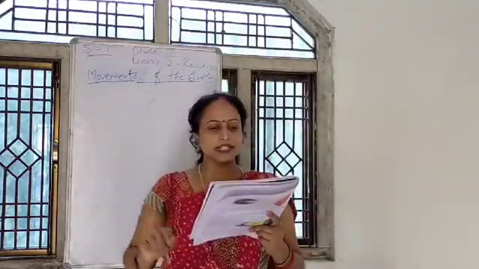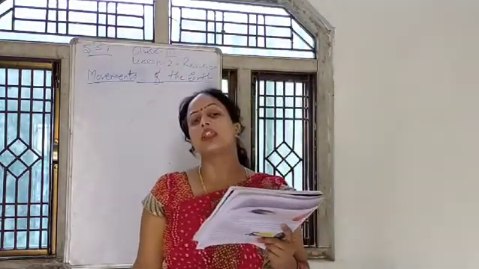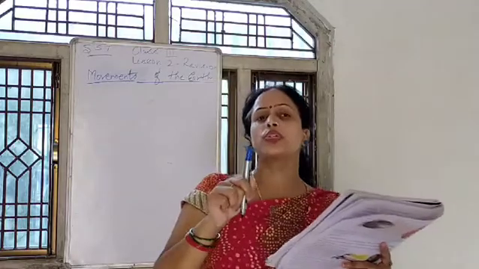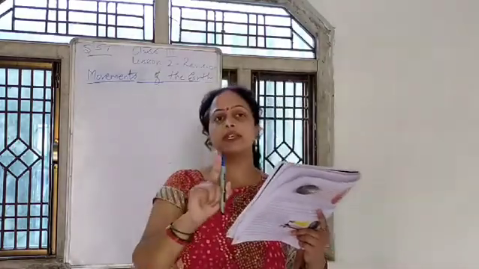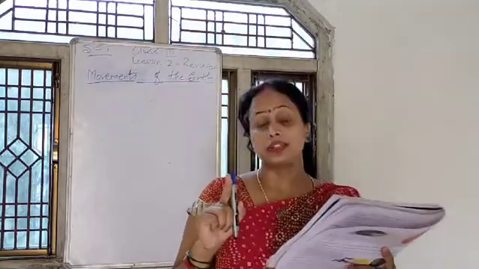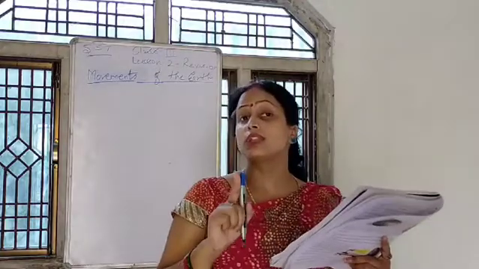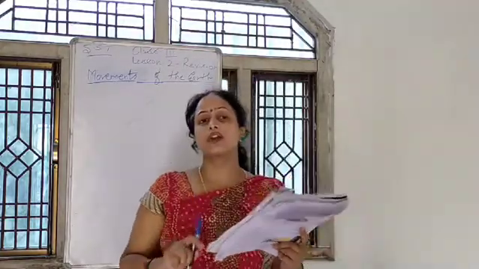So this is the difference. It completes one revolution around the sun in a year. So one revolution takes around 1 year, isn't it?